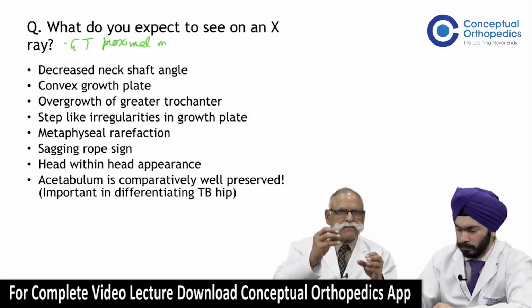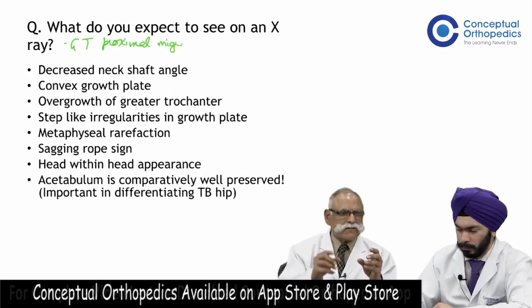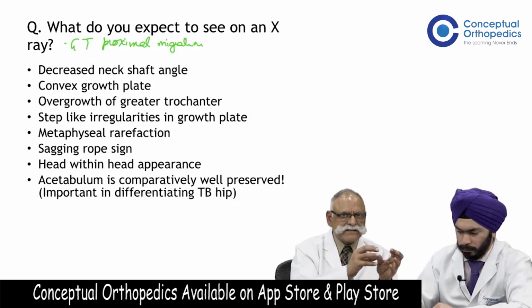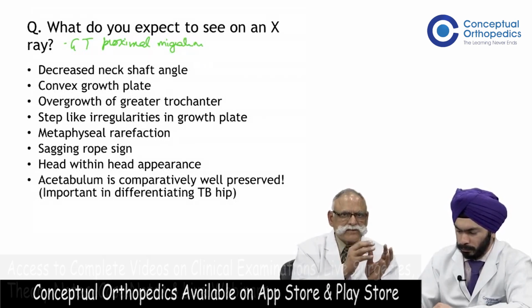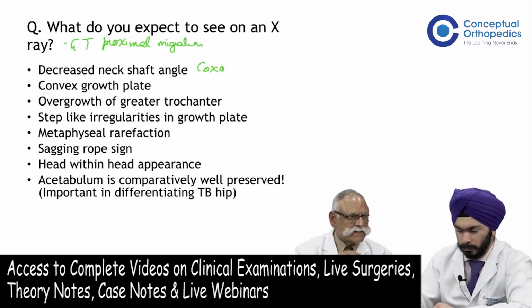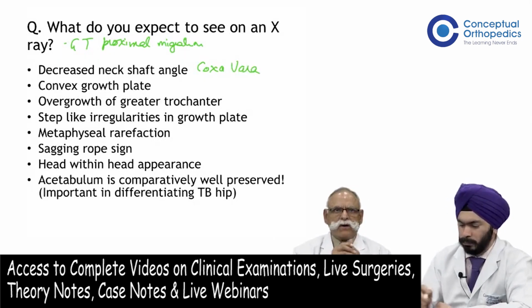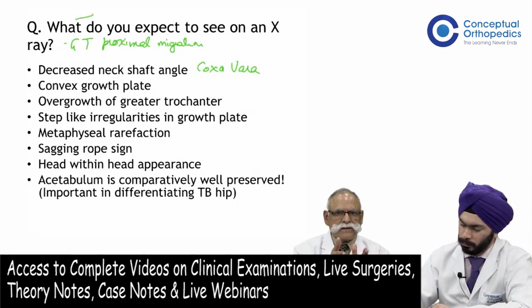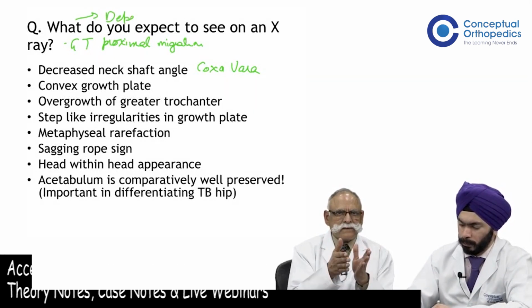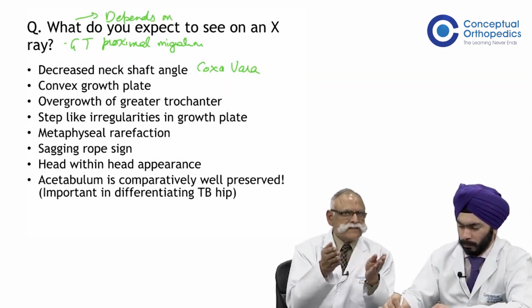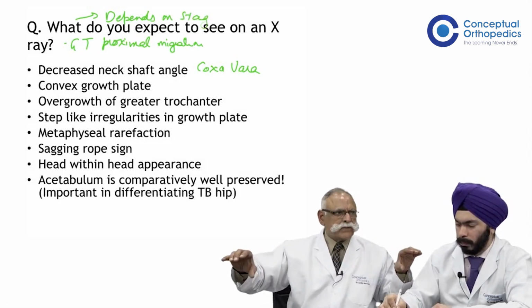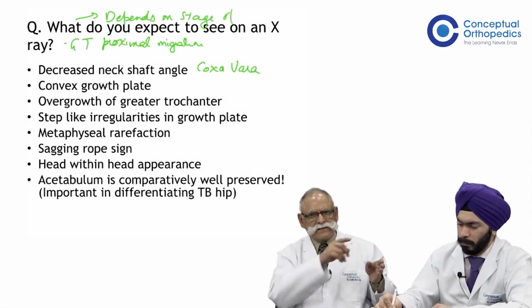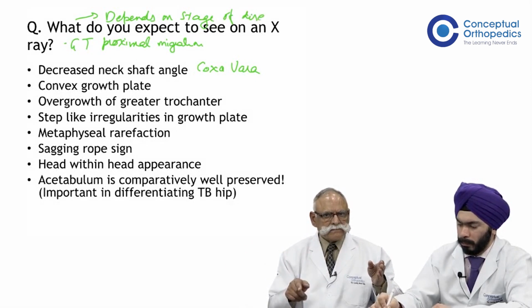So the trochanter is developing, so it gives you a coxa vara effect, as the head and the neck are not developing to that extent. So this will all depend upon the stage of the disease. The spectrum of the disease is very wide. So you may find decreased neck shaft angle.